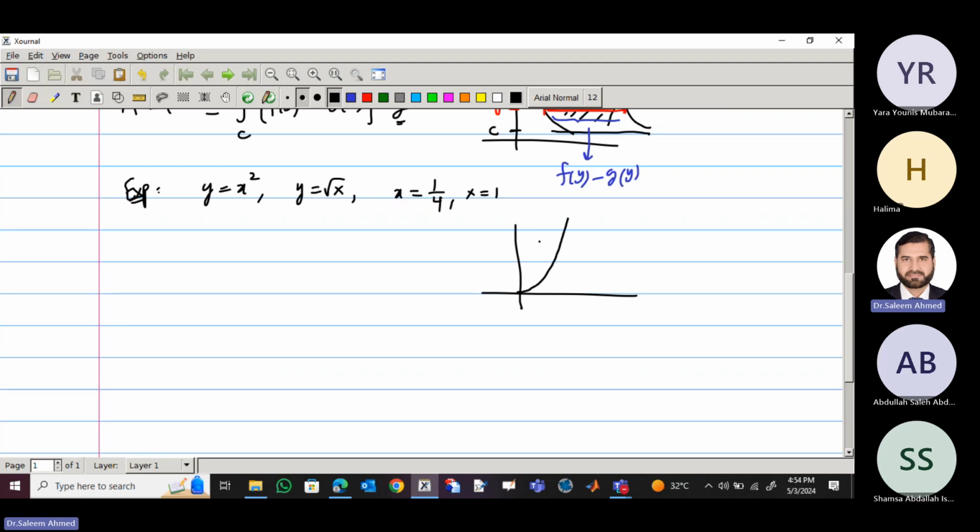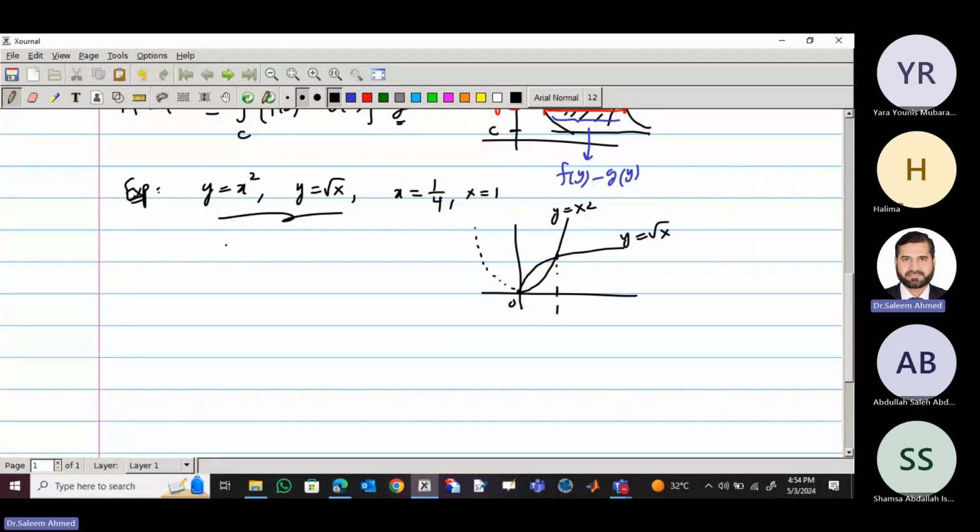This is y equal to x squared on the left as well, but I don't need the left because my points are on the right side. And y is equal to square root of x is this, a square root function. So basically there are 2 points from 0 to 1, and this point is 1.